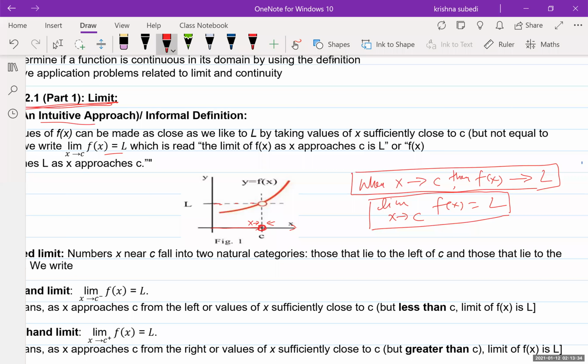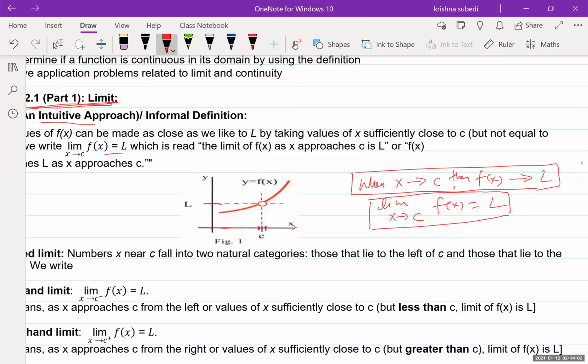Now it begs a question when I say x close to C. Close from the left-hand side is a very valid question. If x is close to C, then x can be this value, which is a little bit less than C, or this value right here, which is a little bit bigger than C. For that, we have a special name.